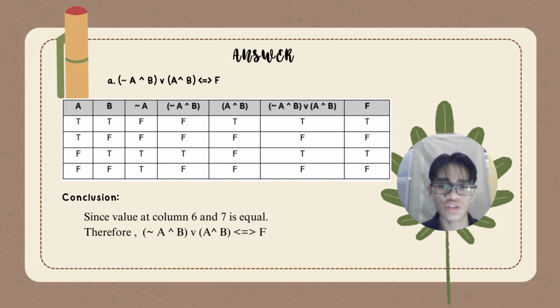For conclusion, we assume that not A and B or A and B is column 6 and F is column 7. Since the truth value at column 6 and 7 is equal, therefore not A and B or A and B and F is logically equivalent.